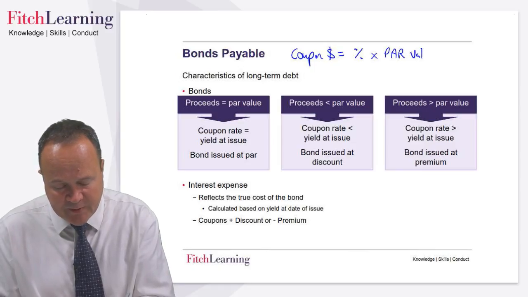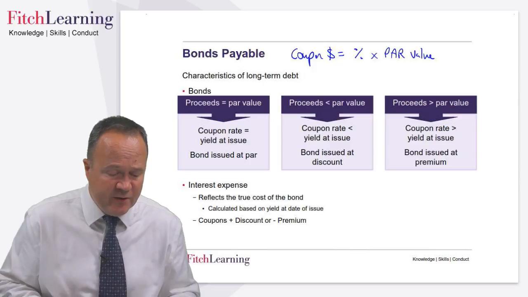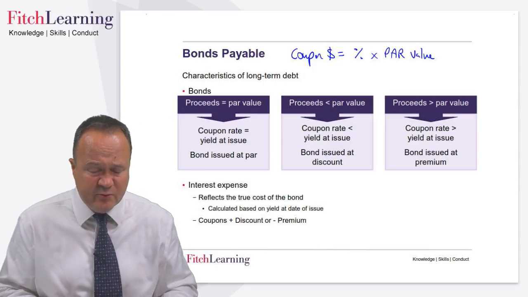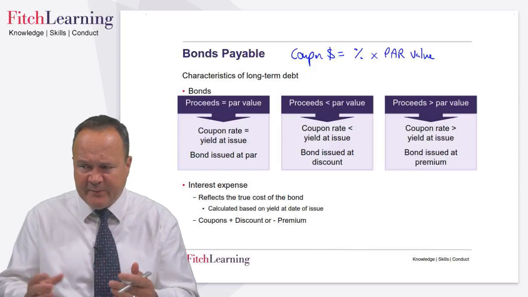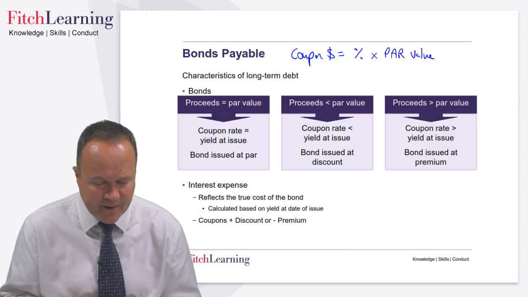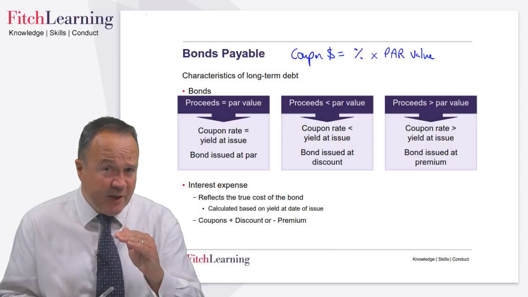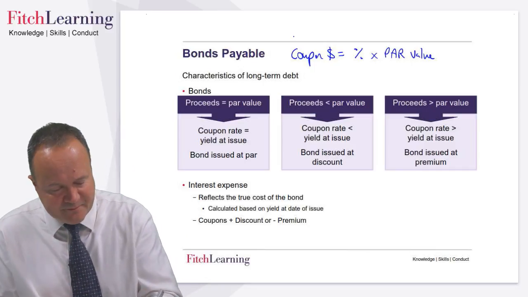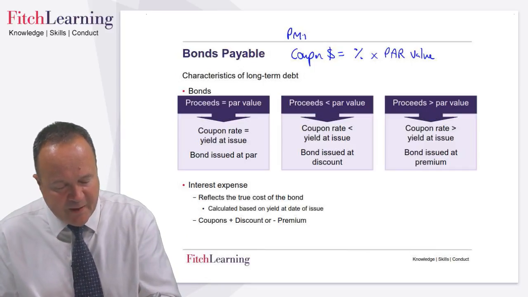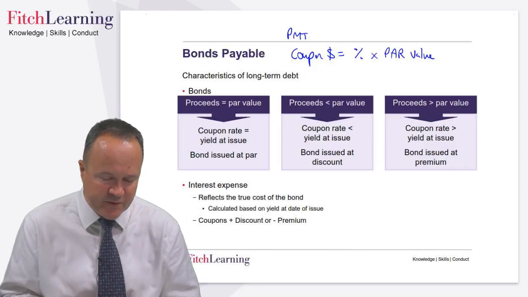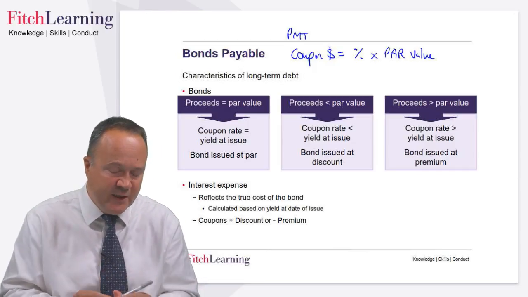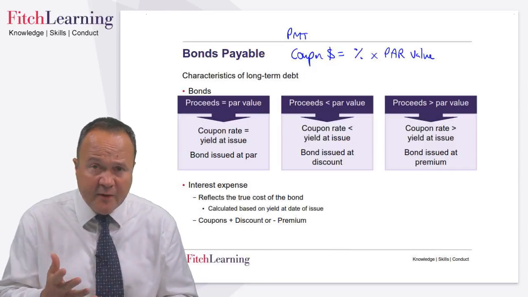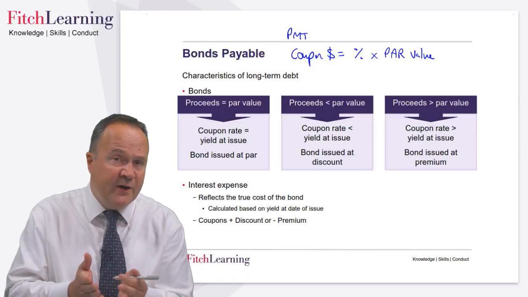The par value might be called the nominal value, or the face value, or the principal, different names for the same thing. So we'll be looking at a fixed coupon bond, and in our calculator, that's what we're going to use the payment button for. So the coupon is the cash flow. The par value, as you can see, drives the cash flows.